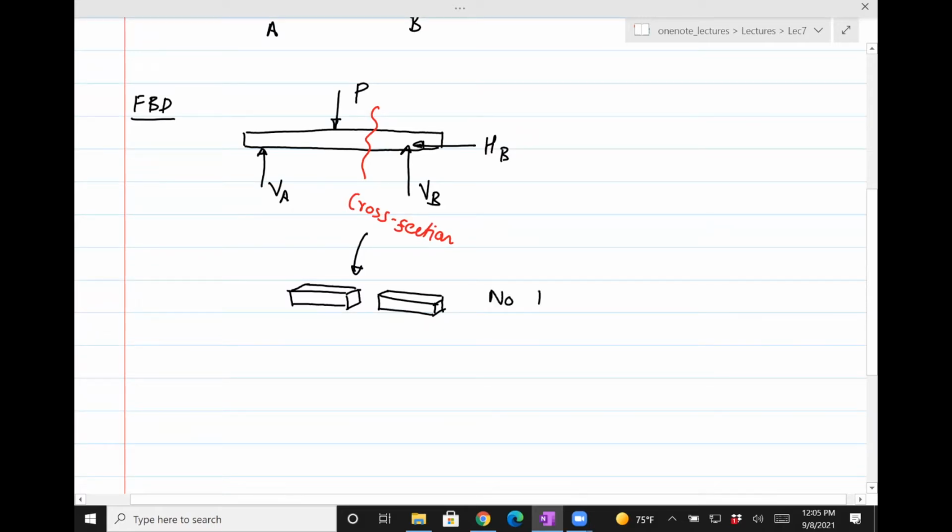Now, this is the system as it would be when the force is 0. So no P. If, however, there is a load P, what you expect is that the beam will actually sag. So if there's load P, then it will look something like this.